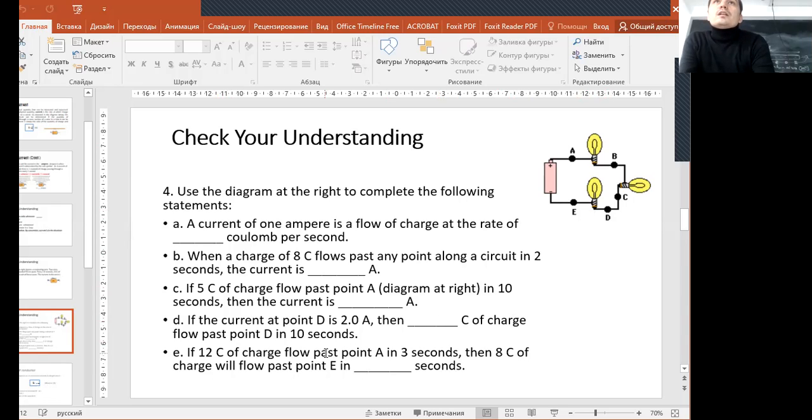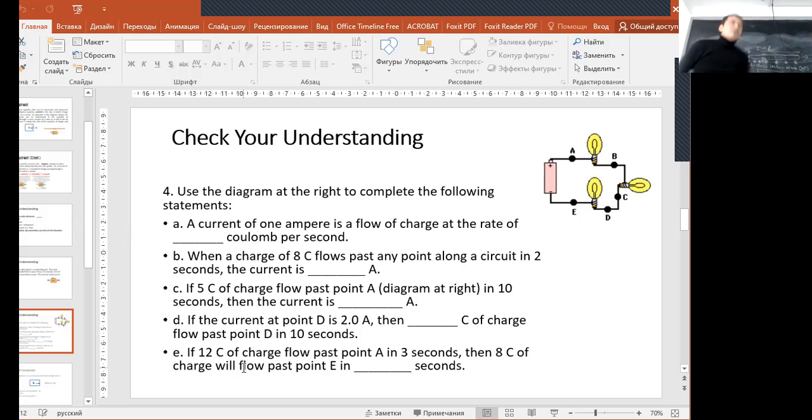And the last one: if 12 coulombs of charge flow past point A in 3 seconds, then 8 coulombs of charge will flow past point E in how many seconds? I have told you that every point has the same current.